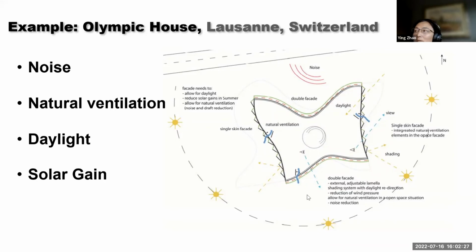In the north and the south, they have this double skin to reduce the draft, and for the east-west, it's a single skin. They consider some elements to reduce wind pressure and allow controllable air infiltration. Yeah, it doesn't show exactly how they reduce the draft here.